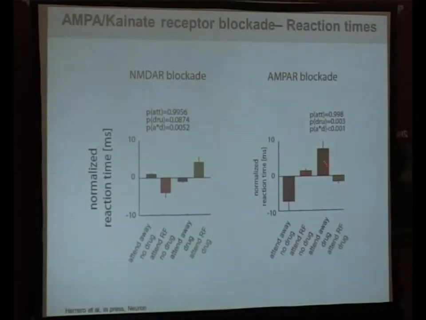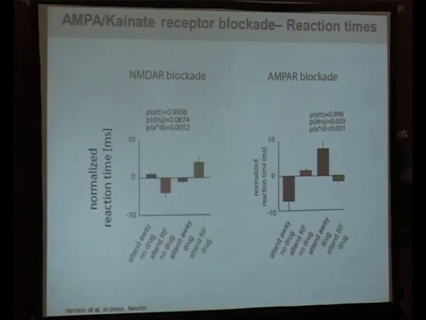However, if we now look at the condition where the monkey is asked to attend to the opposite hemifield, so he should listen to neurons that we never influence by the drug, but when we influence some neurons by the drug, the monkey is actually slowed down to then report the behaviorally relevant event. It again is as if the monkey can't help but listen to those neurons he should not listen to when we block AMPA receptors. Why that is, I don't know, but the effect is quite striking. There's a highly significant interaction.